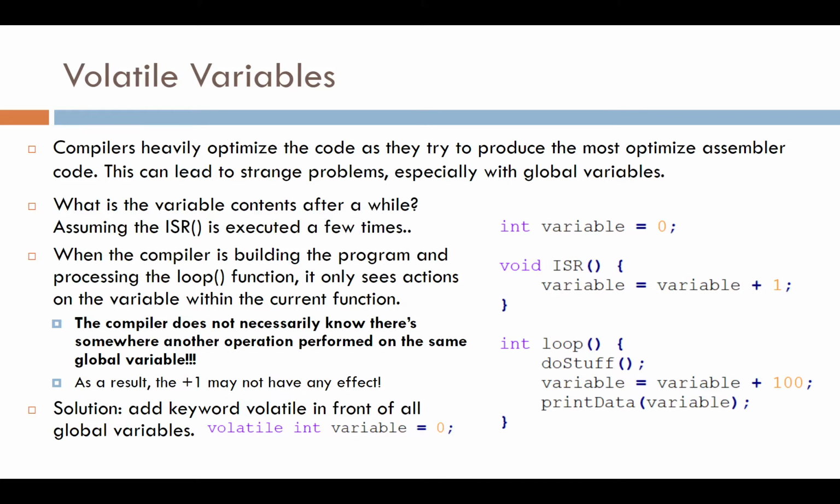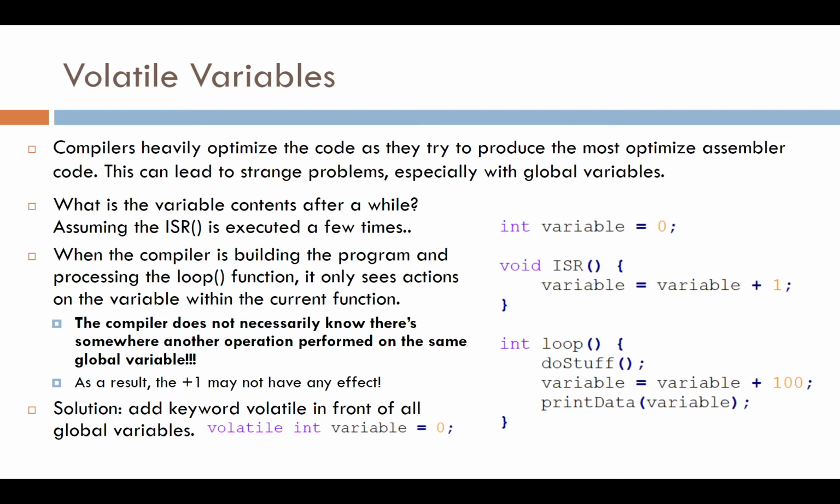So if you have an integer variable here, which is used inside of an interrupt service routine, it does not necessarily work, because the compiler does not really know how the variable is used, and then basically it can do bad stuff in the optimization.